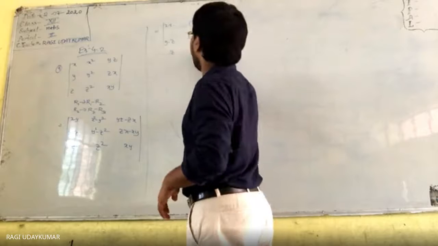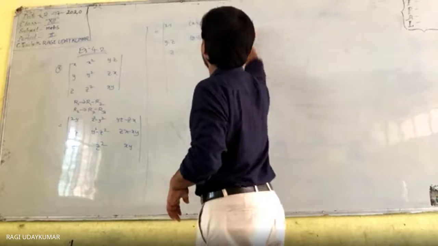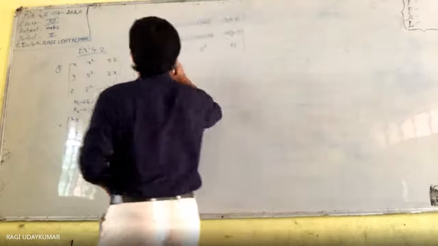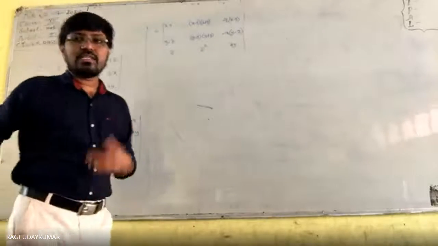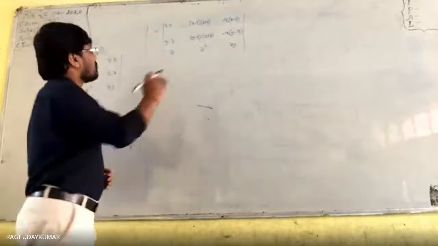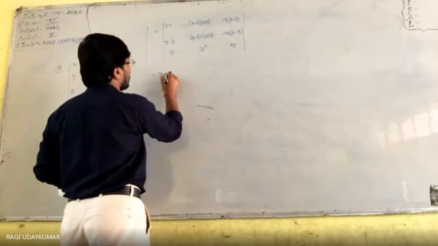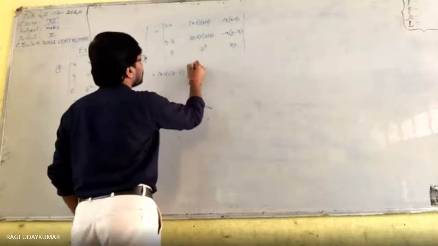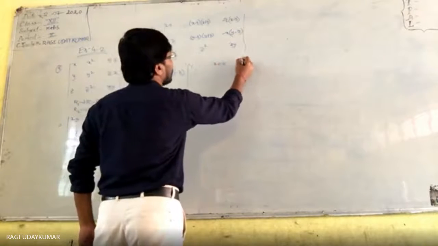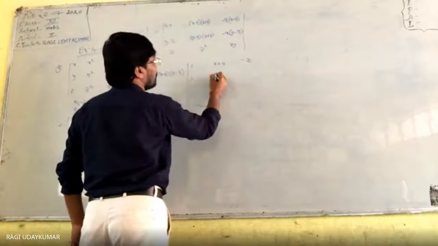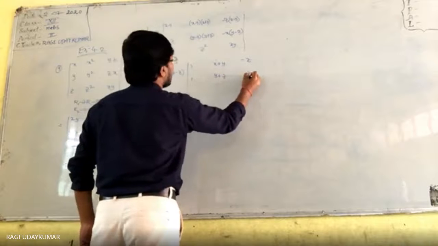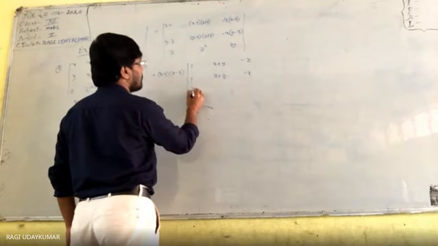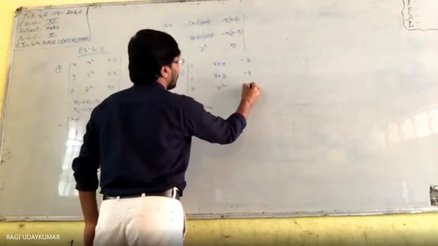And the next one is z square, xy. So now you can take x minus y from the first row and y minus z from the second row as common: 1, x plus y, minus z; 1, y plus z, minus x; 1, z square, xy.